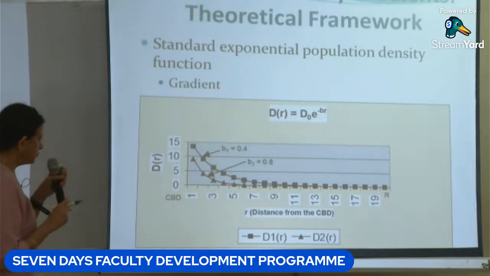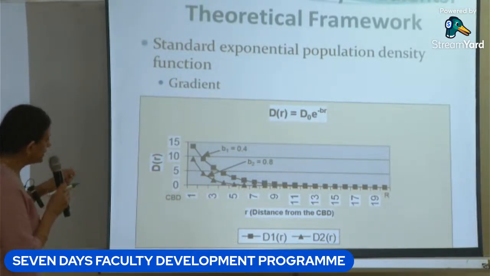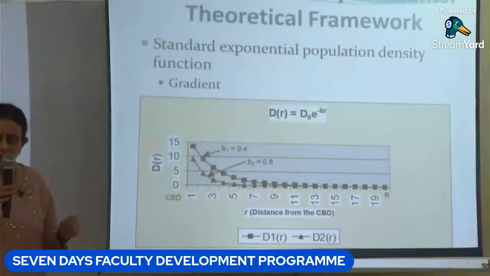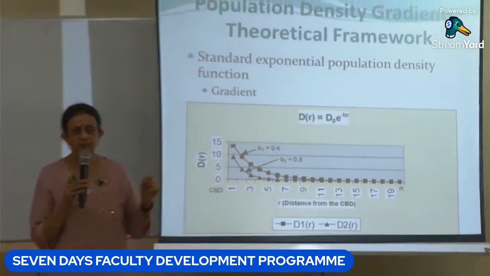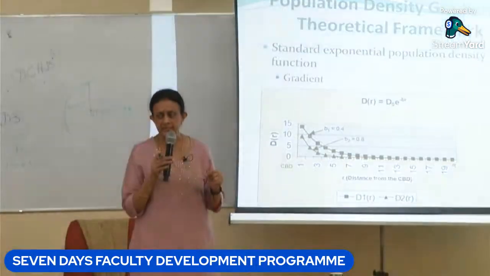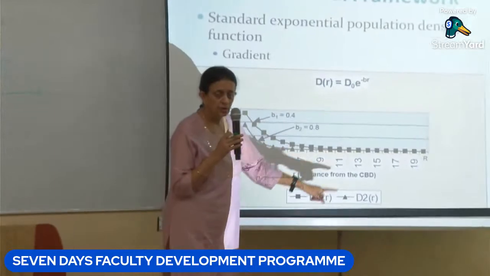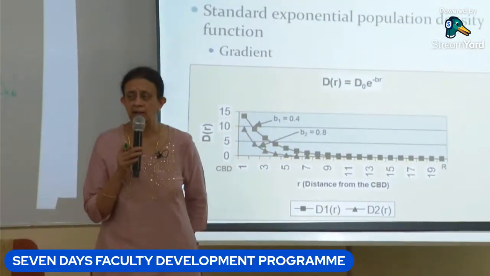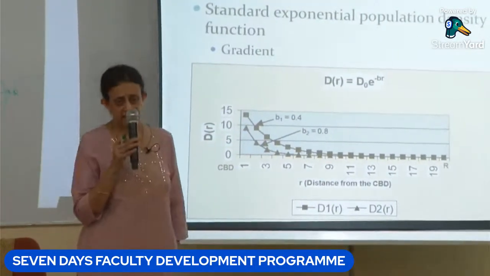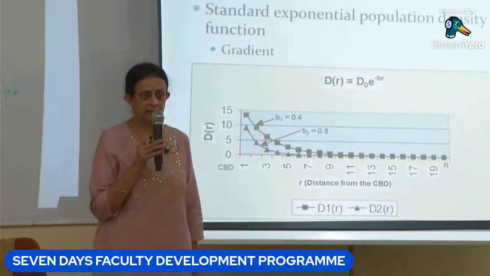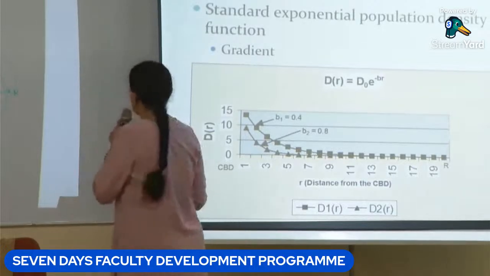So if you plot density as a function of distance from the city center, you basically have a curve whose slope is called the density gradient, the population density gradient, PDG.